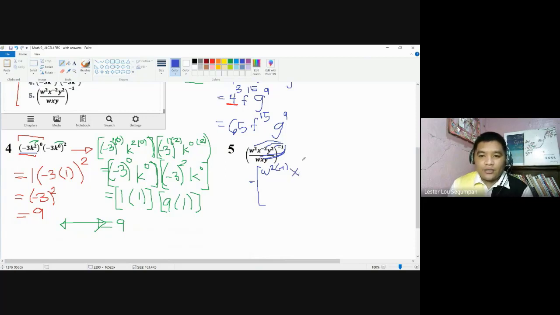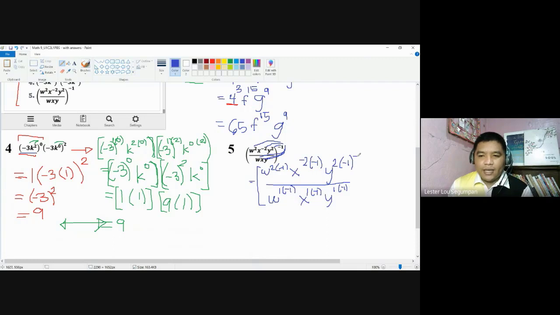X negative 2 times negative 1. And then y, you have positive 2 times negative 1. All over w, originally 1 times negative 1. And then x, originally 1 times negative 1.